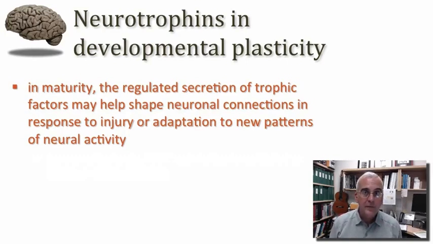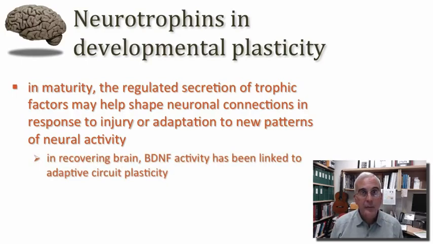But one factor that I want to help you understand is that in the brain that's dealing with some kind of injury, neurotrophins have an important role to play in promoting adaptive plasticity. So in the recovering brain, we know that the activity of certain neurotrophins like brain-derived neurotrophic factor, BDNF, has been linked to adaptive plasticity in circuits that are mediating functional recovery.